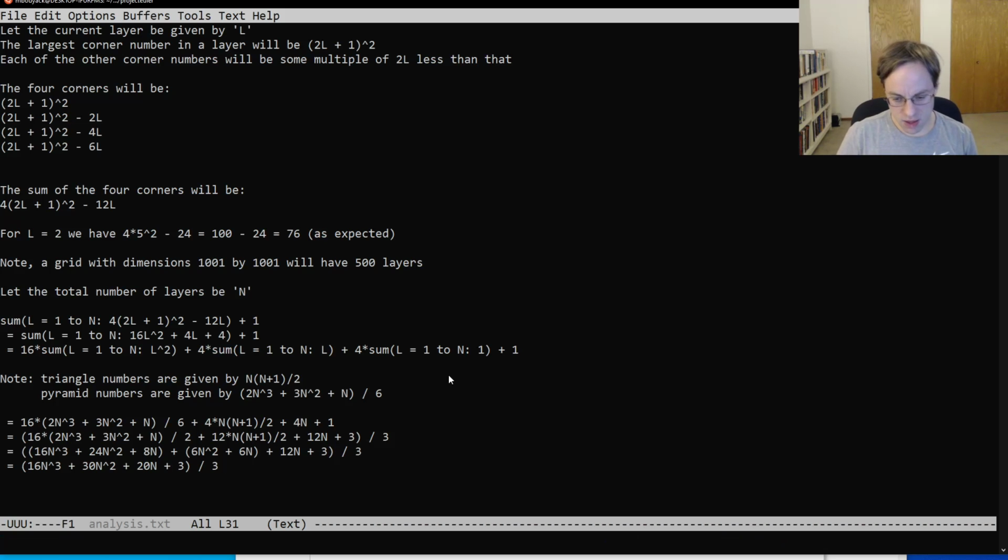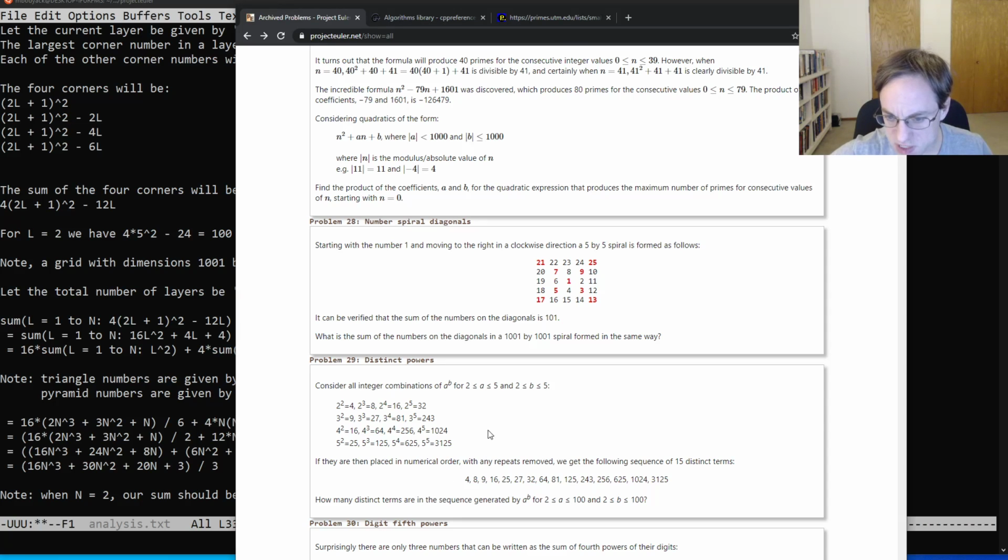Okay, so we can test this. We'll note when n is equal to 2, our sum should be, I believe they give, yes, it should be 101.